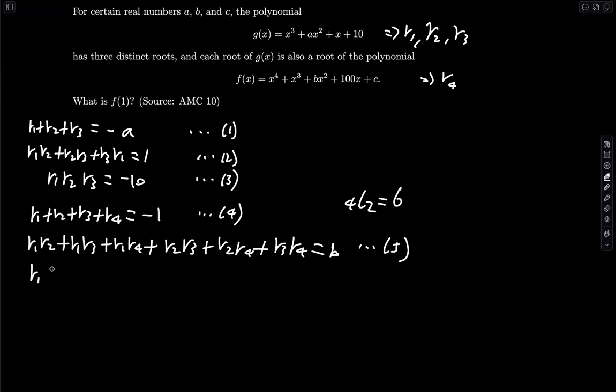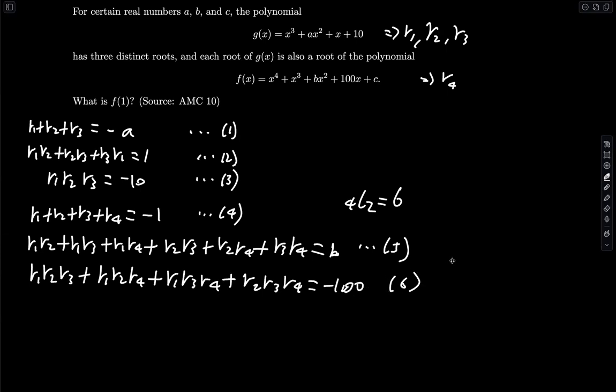And the next information that we can get is r sub 1, r sub 2, r sub 3 plus r sub 1, r sub 2, r sub 4 plus r sub 1, r sub 3, r sub 4, and then the last one, r sub 2, r sub 3, r sub 4. I believe this should be correct.